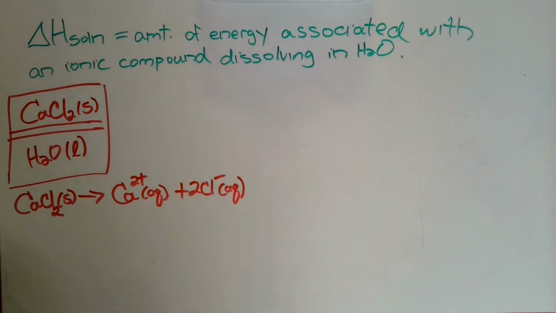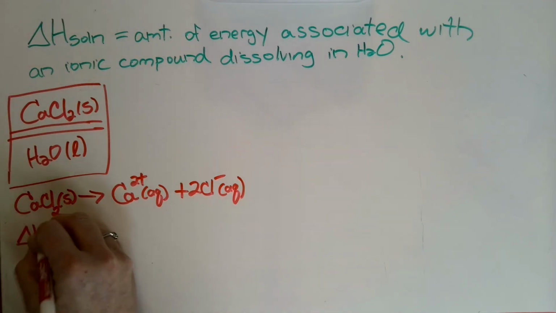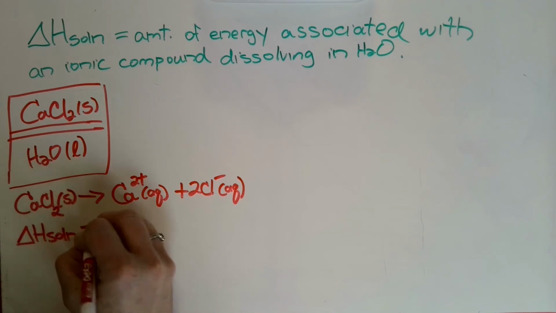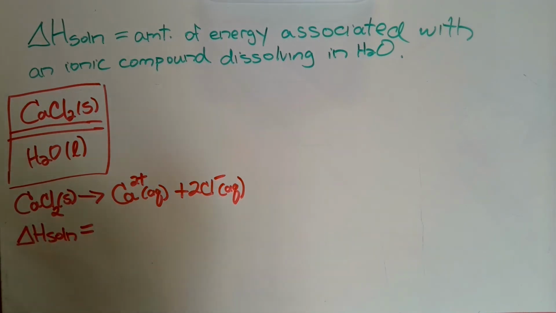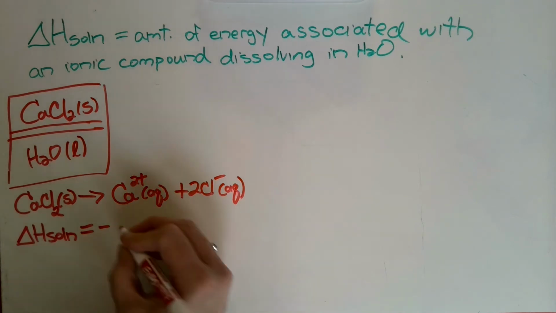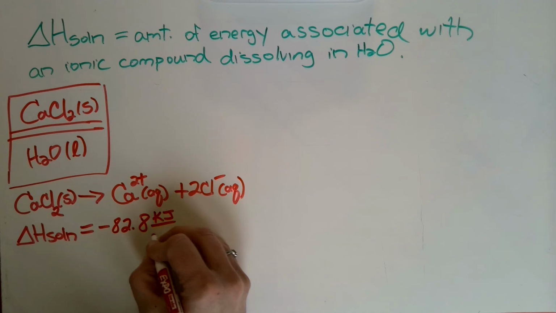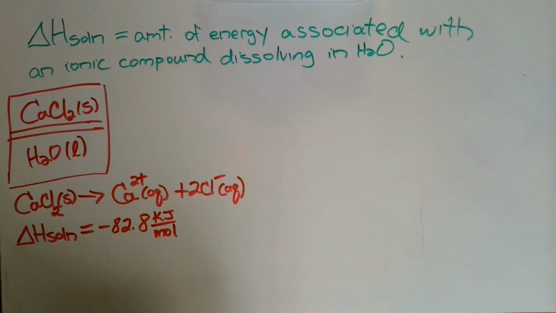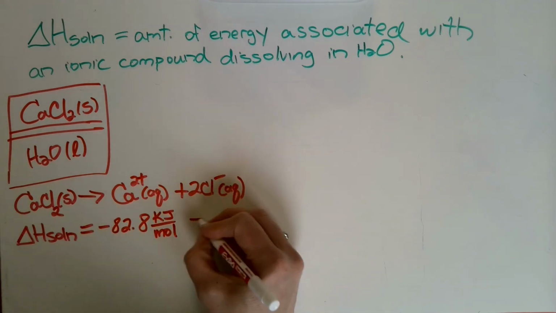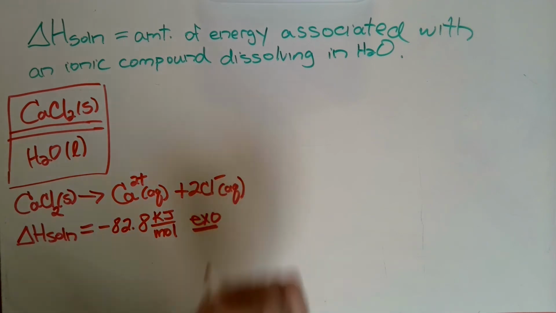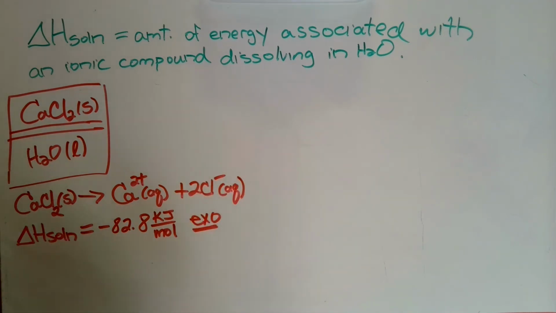Since this particular reaction gives off heat, we say that the heat of solution should be negative if it's giving off heat. The value for calcium chloride's heat of solution is negative 82.8 kilojoules per mole. So the reaction is exothermic, heat is leaving the system, but the water itself is heating up.